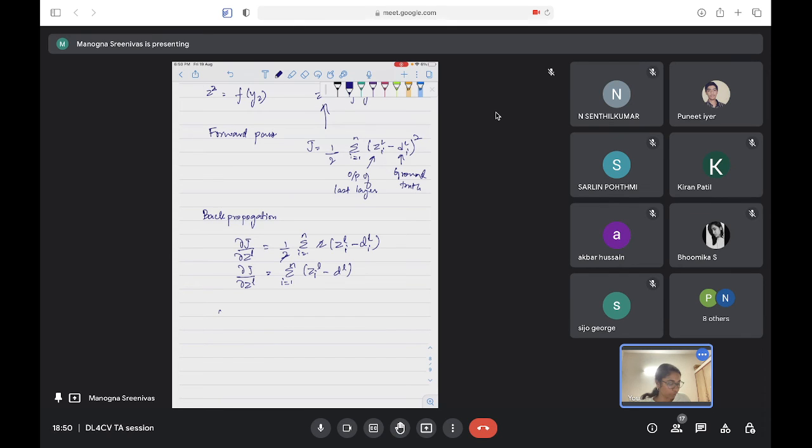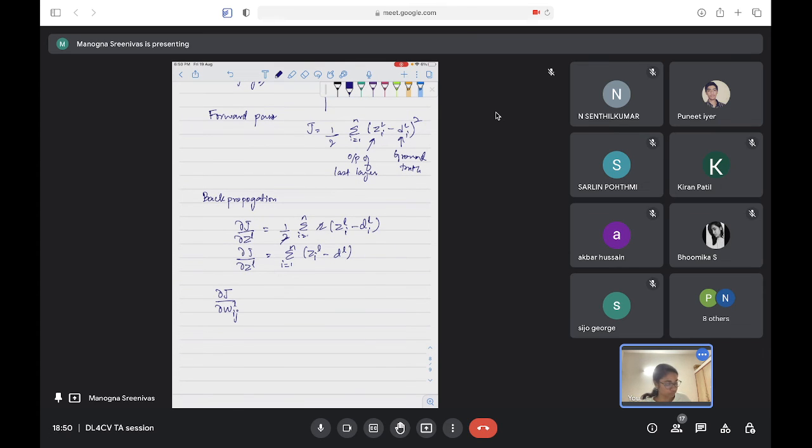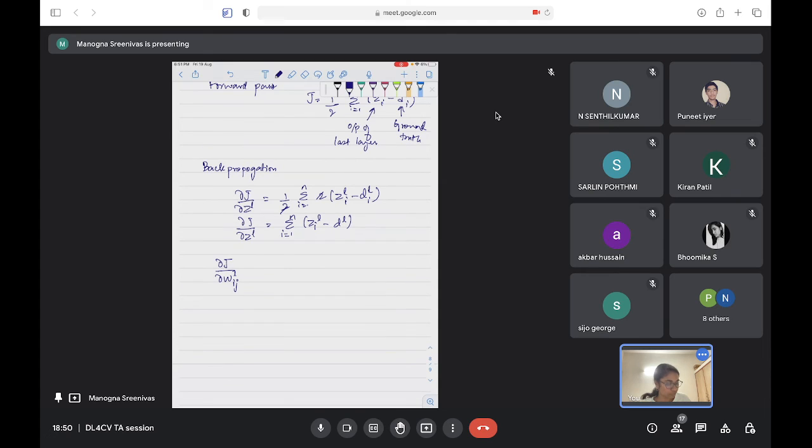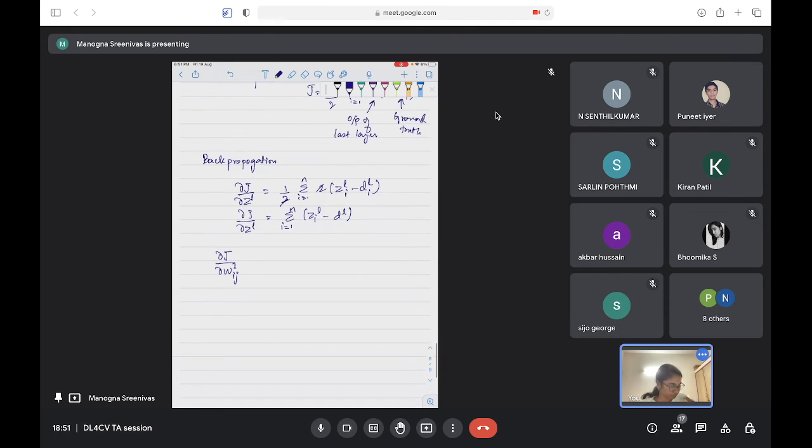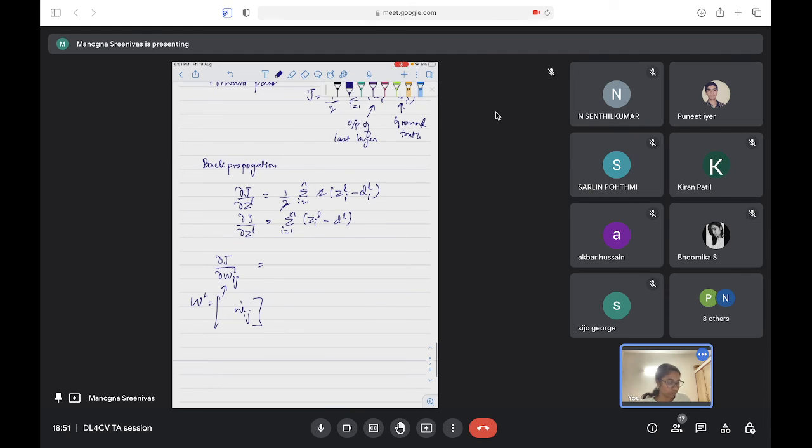What I would actually want to compute is dJ by dW. So W_ij is one element in my Lth layer weight matrix W_L, right? I would want to compute this gradient with respect to each of my W's to see how it affects my final output. This is done through the chain rule.